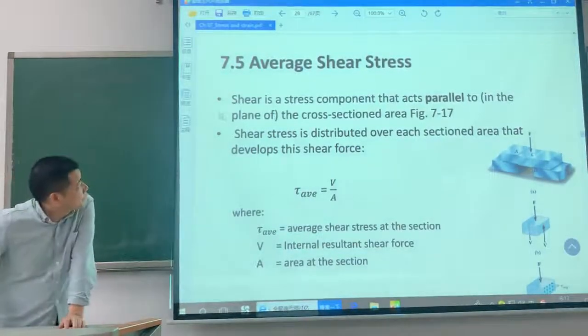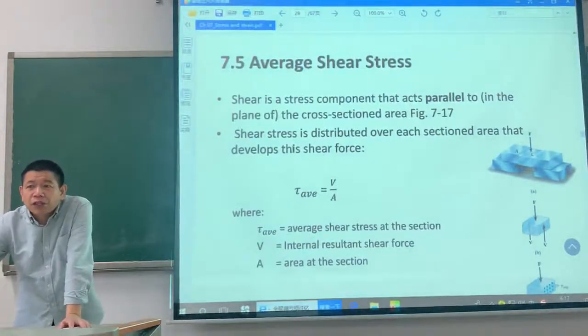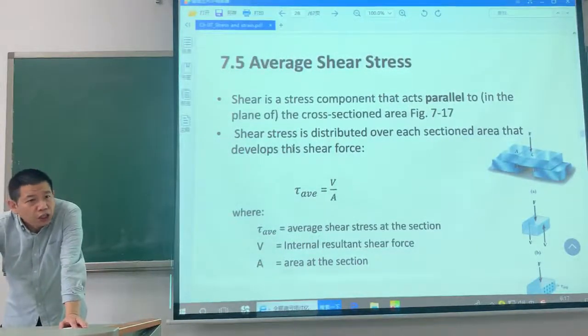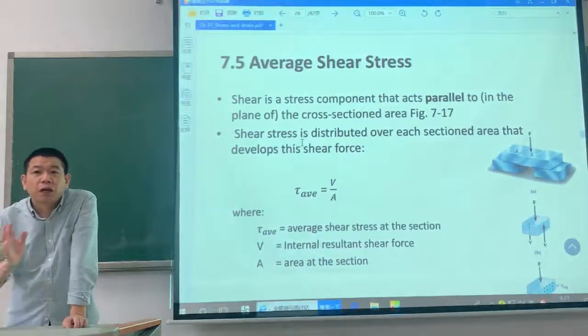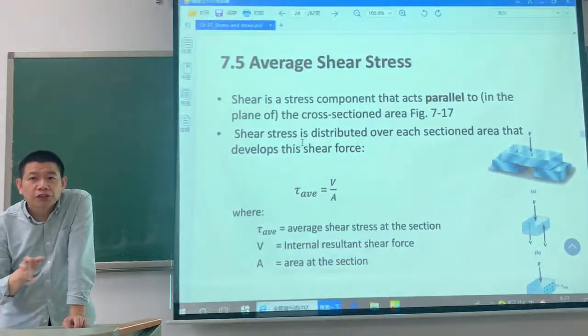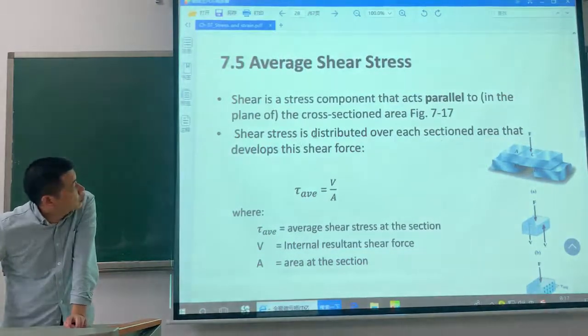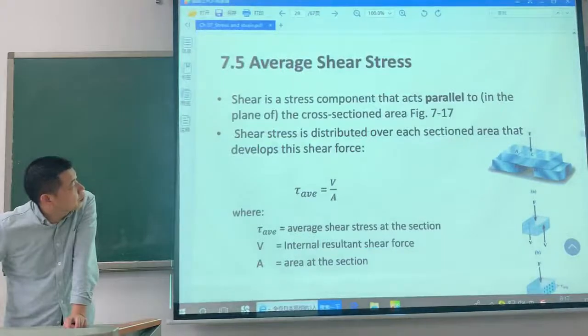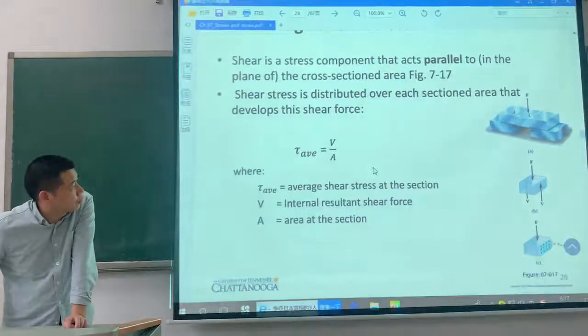We assume the shear stress is uniform on the shear area. On the area, shear stress is distributed over each section area that develops this shear force.